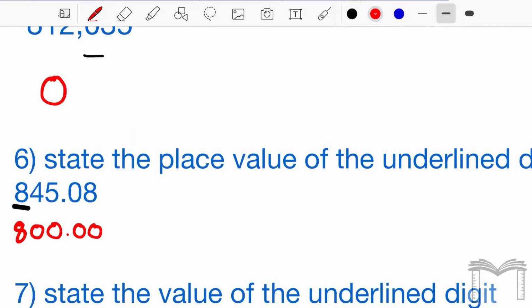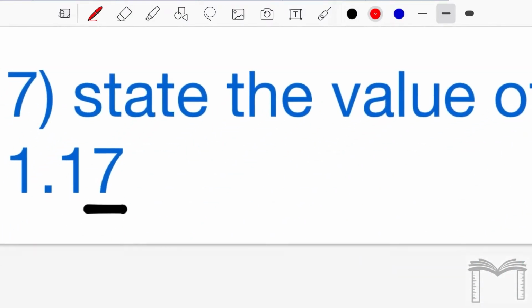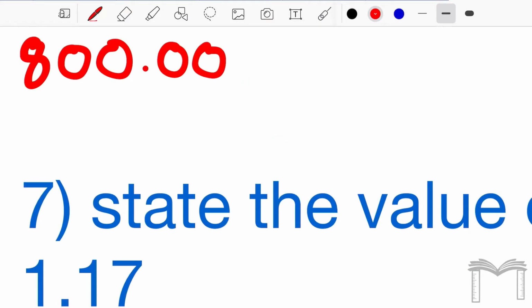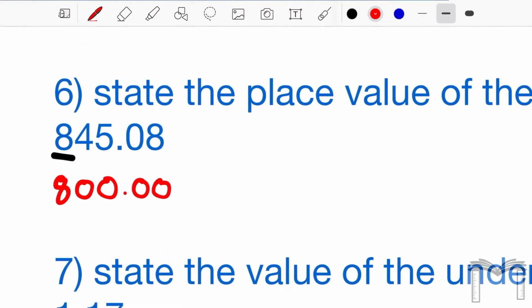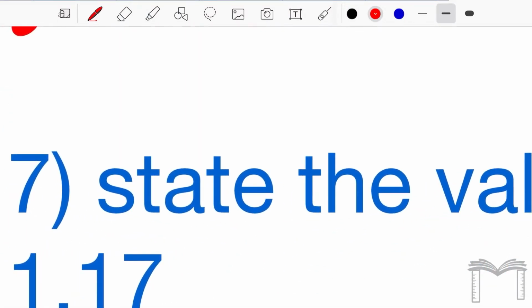Number 7. State the value of the underlined digit. So the 7 is in the hundredths column, so it's 7 hundredths, or you can also write this as 0.07.